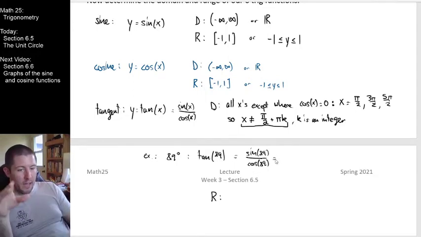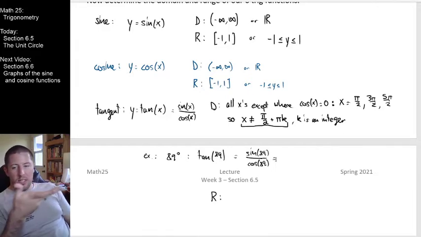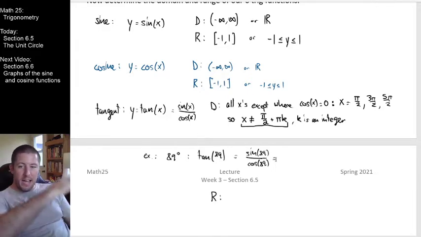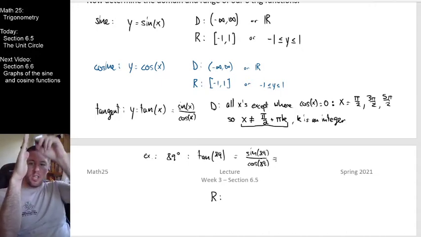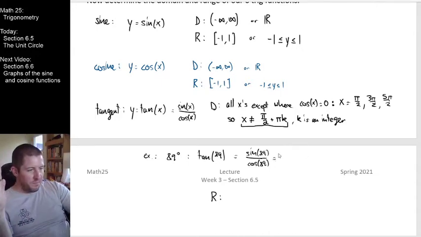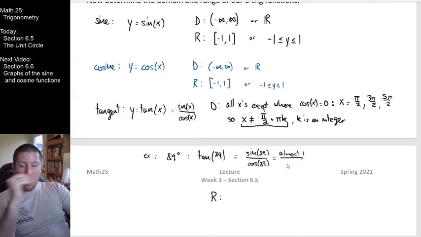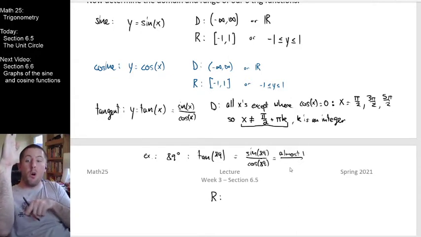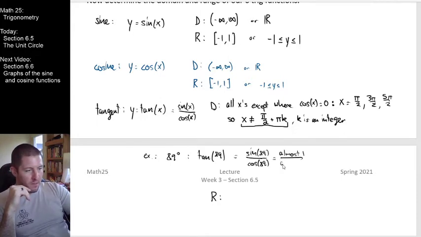I don't know what sine of 89 is, I don't know what cosine of 89 is, but I can picture that the sine value is almost 1, right? Cosine of 89, on the other hand, has almost no vertical component. It's almost 0.